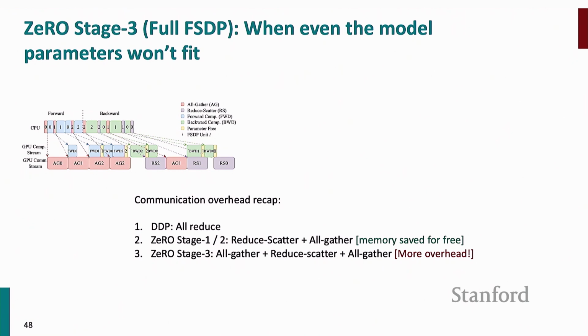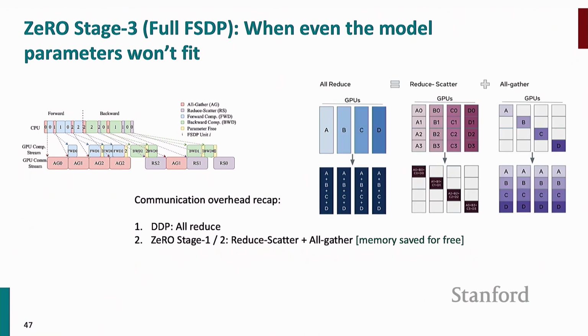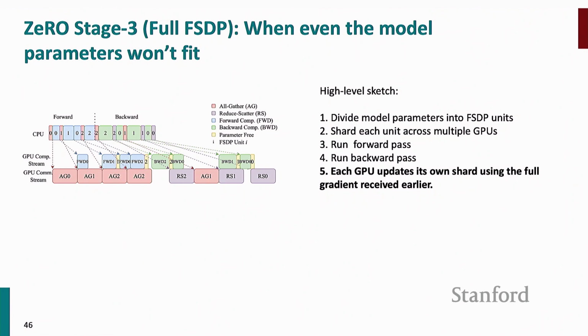Right, okay. So let's go through this diagram. Basically, what this diagram shows is how the communication overhead is really not that bad if you have a fairly big model, such that in the time it takes to do a forward pass, you can already prefetch all of the parameters for the next layer. That's pretty much the idea.